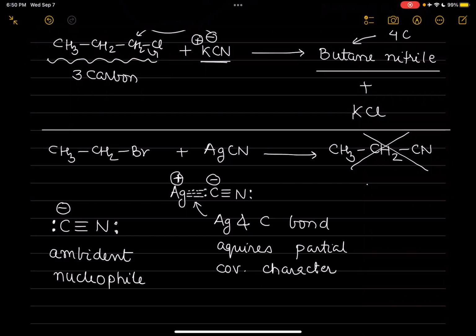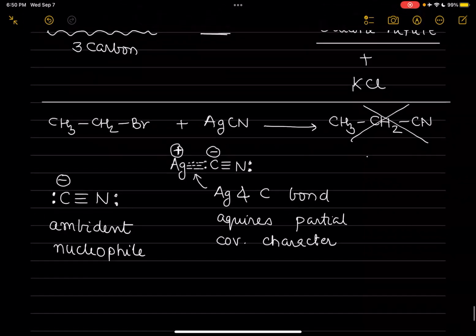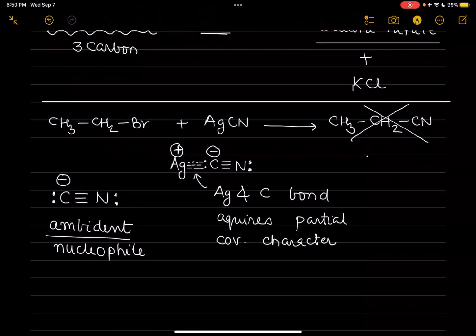It can attack from the nitrogen side because that is still free, and nitrogen also has a lone pair. Then only it can attack. So such types of nucleophiles which can attack from two sides are known as ambident or ambidentate nucleophiles. Is it clear?